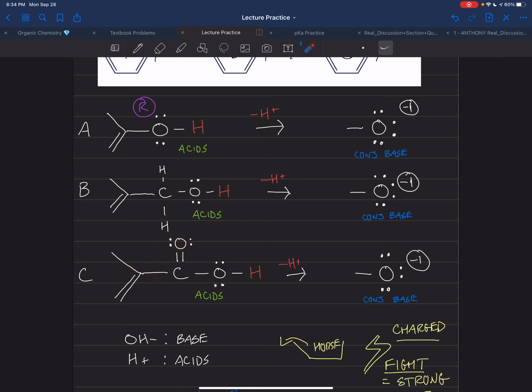So you kind of have two levels. You have more opportunity for resonance here, at least that's the way I looked at it. It also might have something to do with hybridization, potentially. I'm not sure.